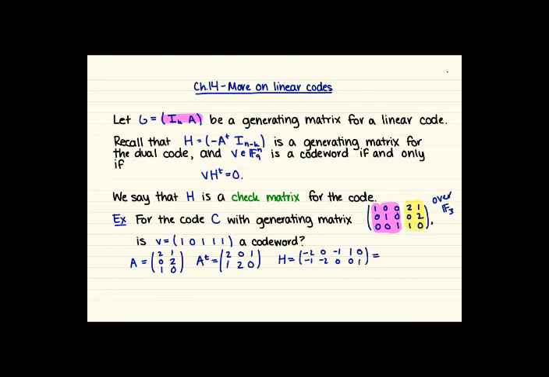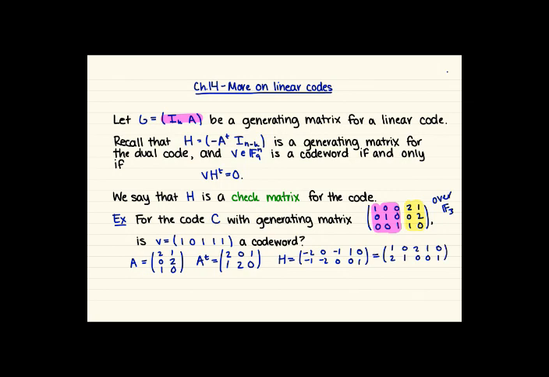We can rewrite this without the negatives in F3: 1, 2, 1, 1, 0, 0, 0, 1, 0, 0, 1, like that. This is our check matrix.